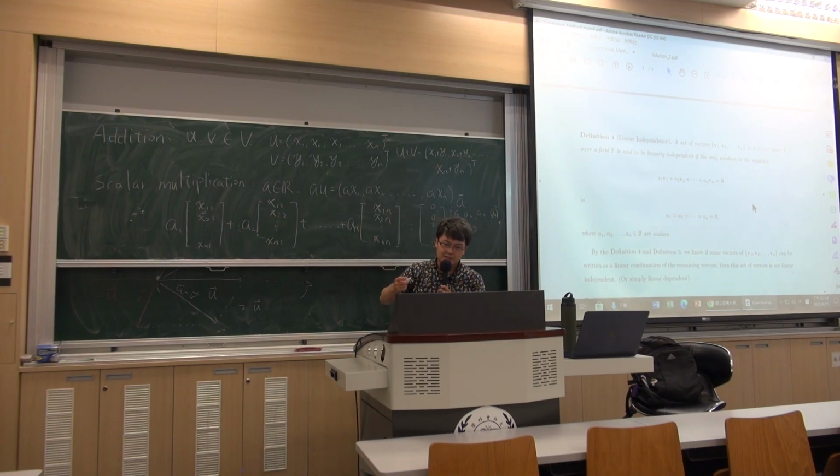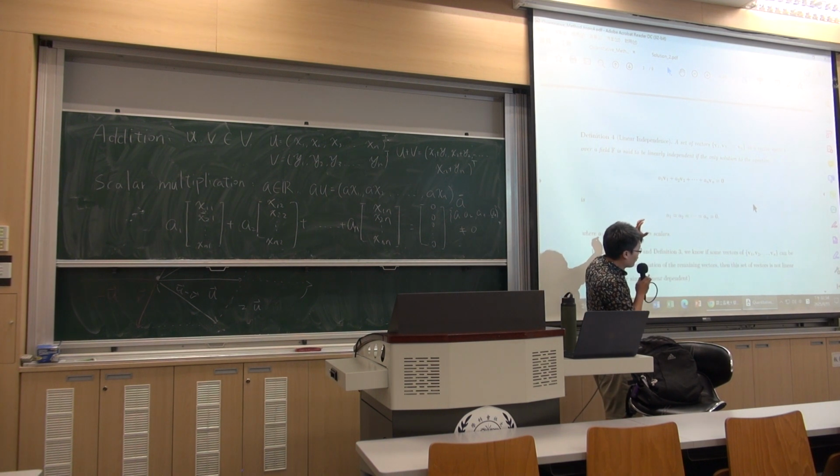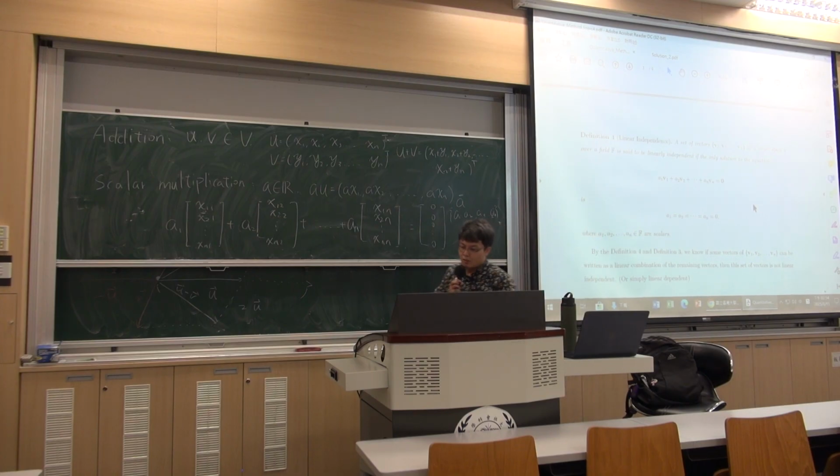Then that means these vectors are not linearly independent, which you can simply put as linearly dependent. When that happens, it means one of the vectors from V1 to Vn can be constructed by a linear combination of the rest of the vectors. Okay, so why is that?